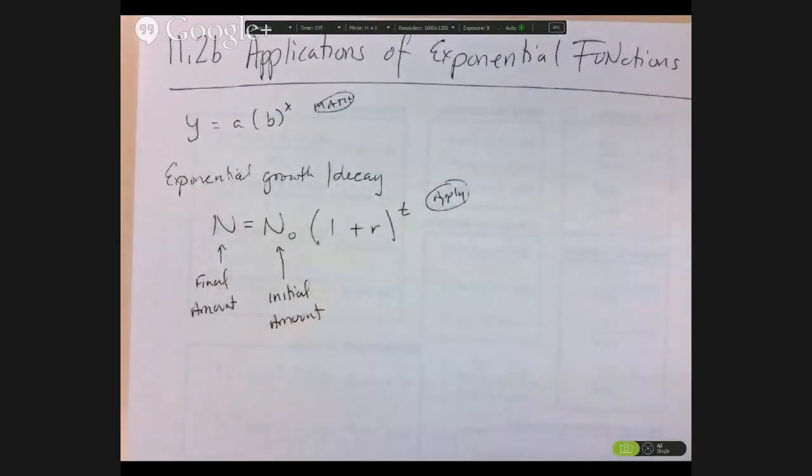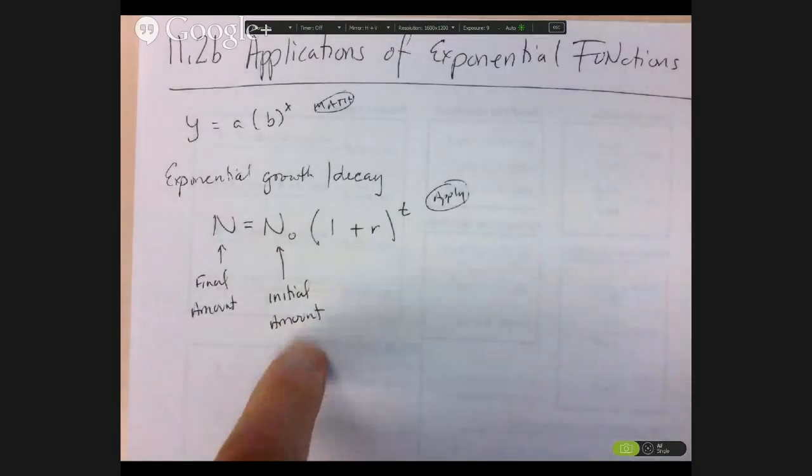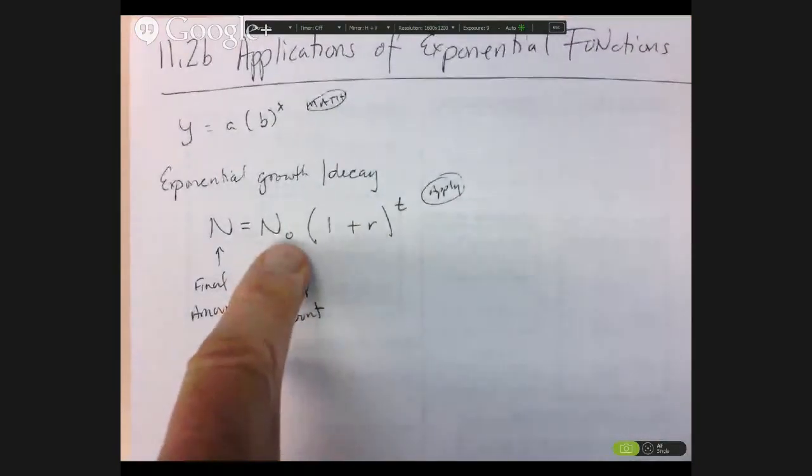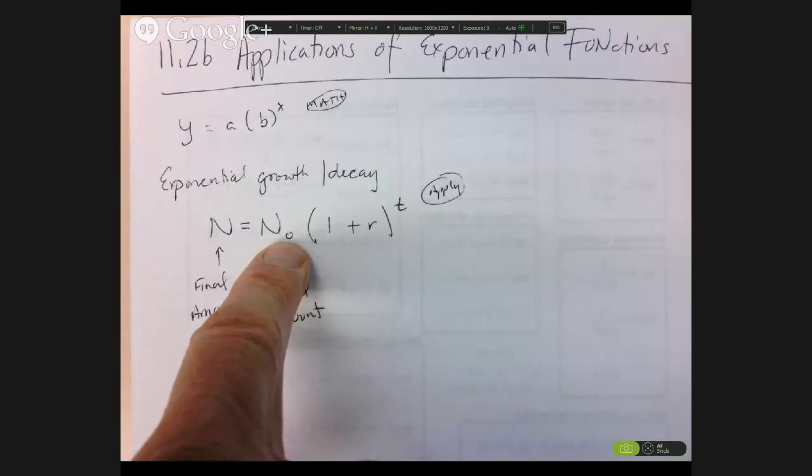N is your final amount. N0 is the initial. So basically anything you see in math or science with a subscript 0, that's your starting amount. I started with $2,000 in my bank account. Or in 1900, Los Angeles had 500,000 people.